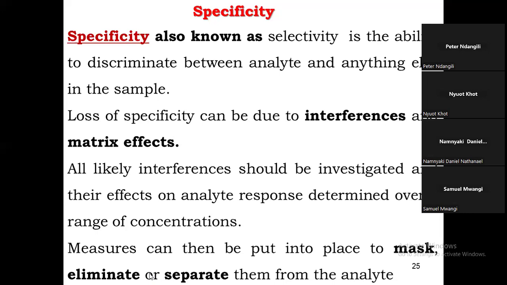Have you done anything to ensure that those interfering substances are not detected at the particular parameters that you have determined? So that's why we are saying that measures can be taken to mask, eliminate, or separate any interferences from the analyte.